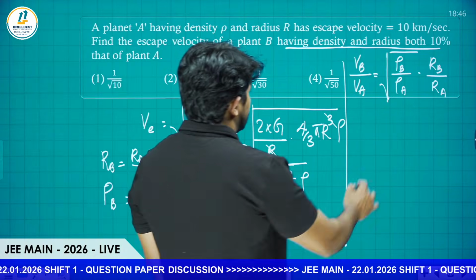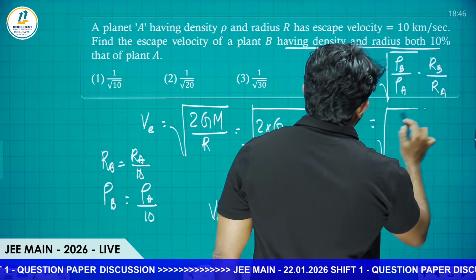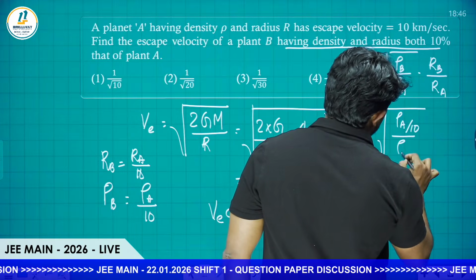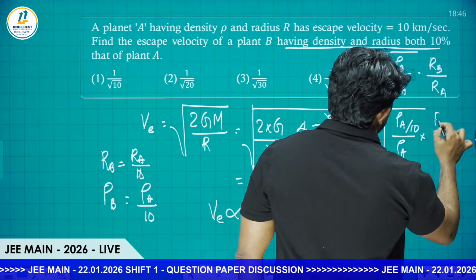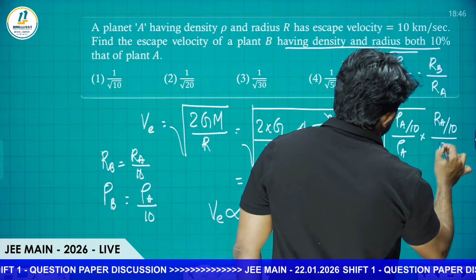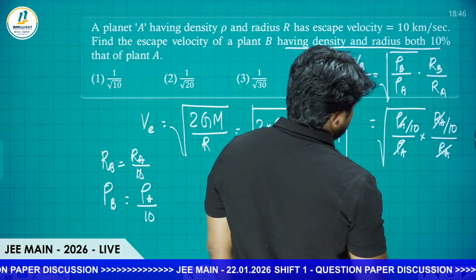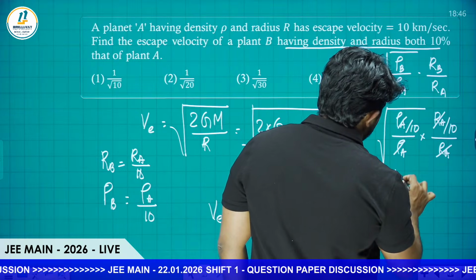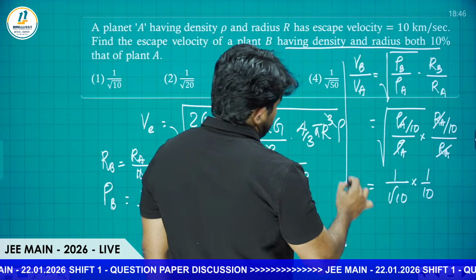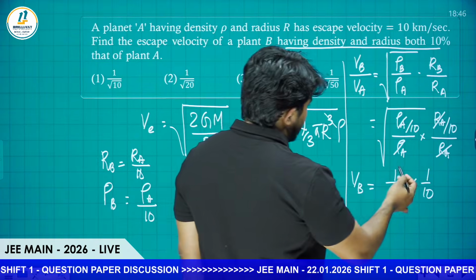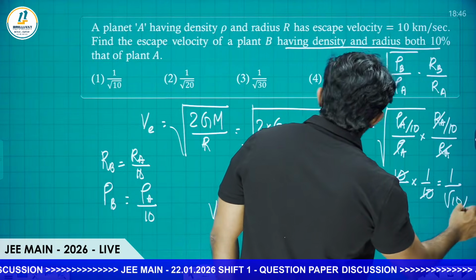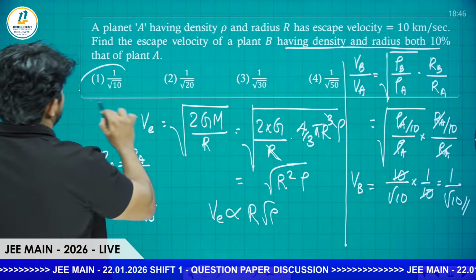Substituting those values, rho A divided by 10 divided by rho A, times RA divided by 10 divided by RA, these values get cancelled. We get 1 by root 10 times 1 by 10. And VB we need to find. VA is given as 10, so 1 by root 10 will be the value.